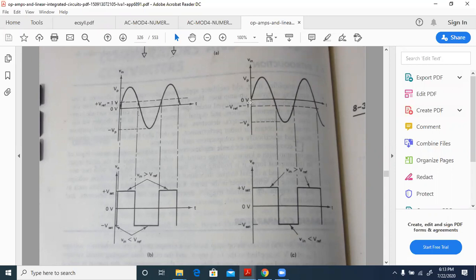Out of that, -0.1 will be the very small portion during which the V reference will be there, and only for that portion you will have the negative waveform, and for the rest of the portion you will have the positive waveform. So when I take here -1, then for the portion when I take -0.1, whatever portion comes here, for that it will be low.